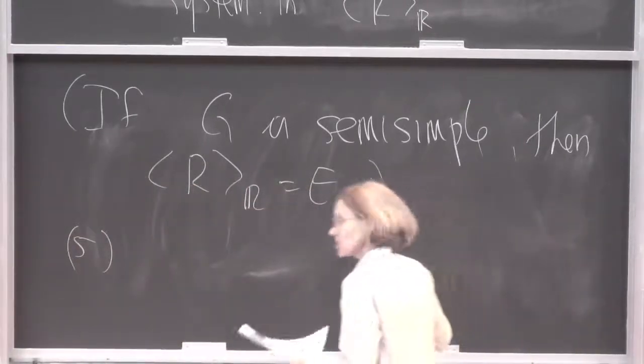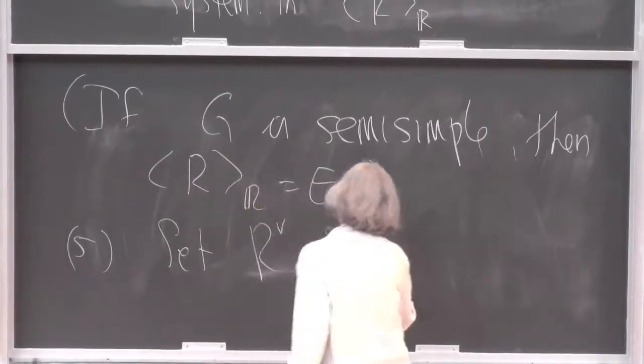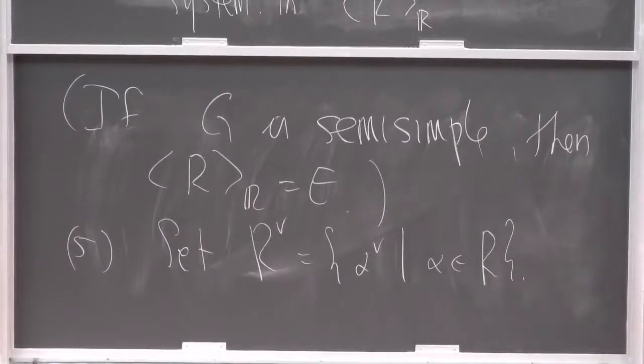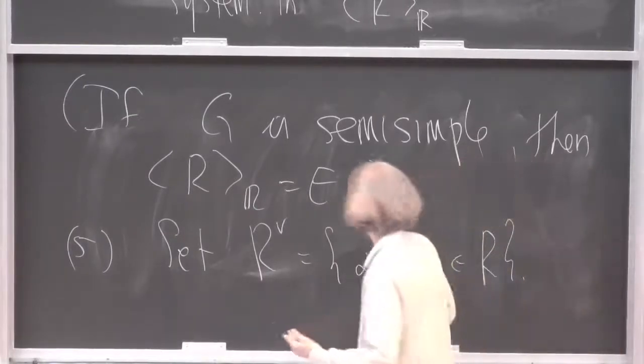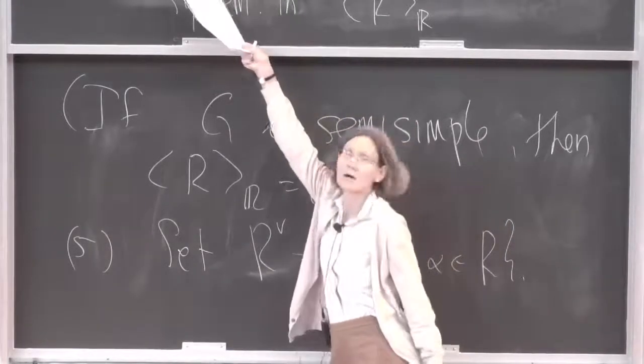Set R check to be the set of alpha checks, where alpha is a root. Then this is also a root system somewhere. And where could it be a root system? It will be a root system in the analogous object like that, where I put a y there.